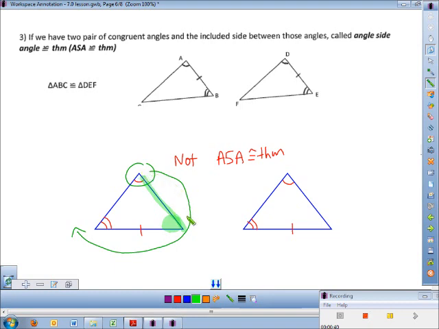You can't skip over two things in a row that don't have marks on them. You can't skip over a segment and an angle in a row without markings. So that doesn't work for angle, side, angle, because the side is not between the two angles, because you skipped two things in a row.